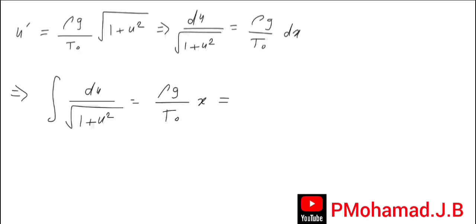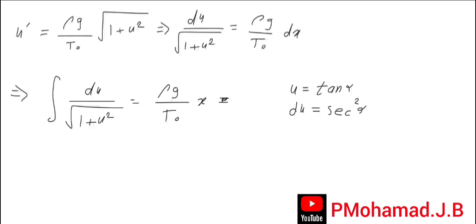And the LHS, the left-hand side, you can do by a change of parameter. You can take u equal to tangent of a virtual angle, like alpha, and so you have du equal to secant squared alpha d alpha.